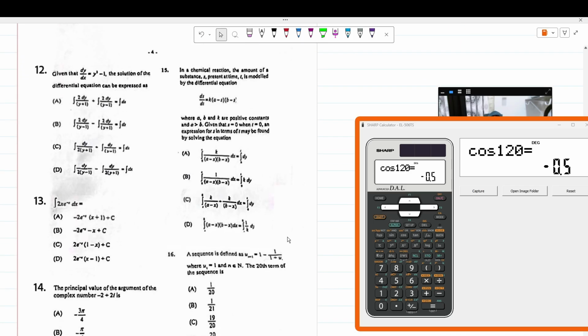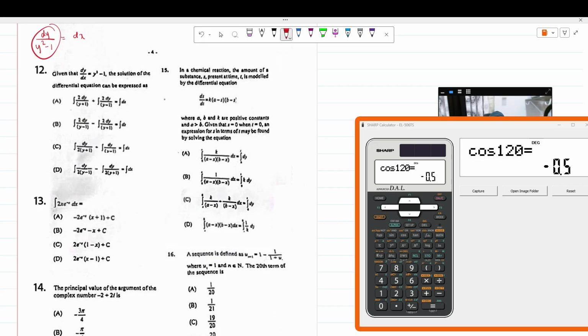Number 12, given that dy/dx is y squared minus 1, the solution to the differential equation can be expressed as, so it's looking like a partial fractions-ish set of answers here. So we are going to get dy over y squared minus 1 is equal to dx.